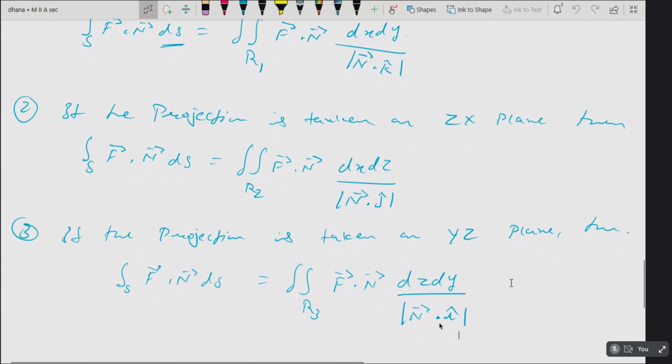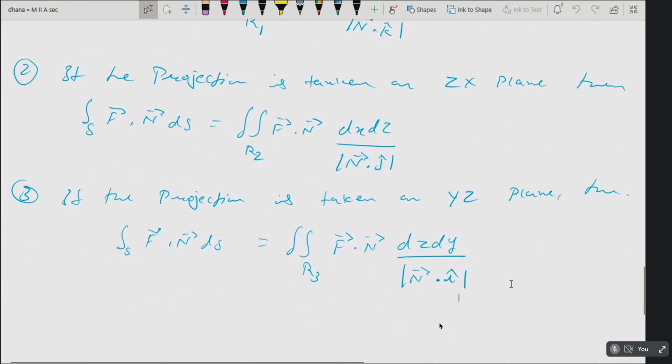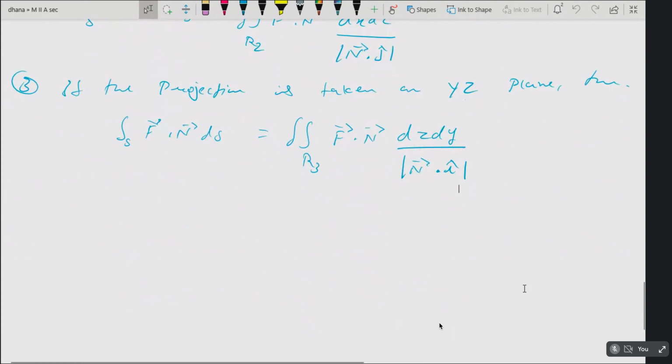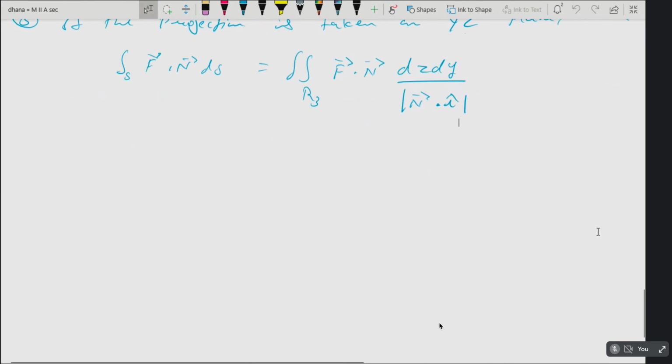If f bar is a force, then you are calculating the total work done accordingly. So here also, the interpretation of the surface integral, the numerical value you are going to get, what does it represent? That always depends on the f bar, the vector function you have chosen here.